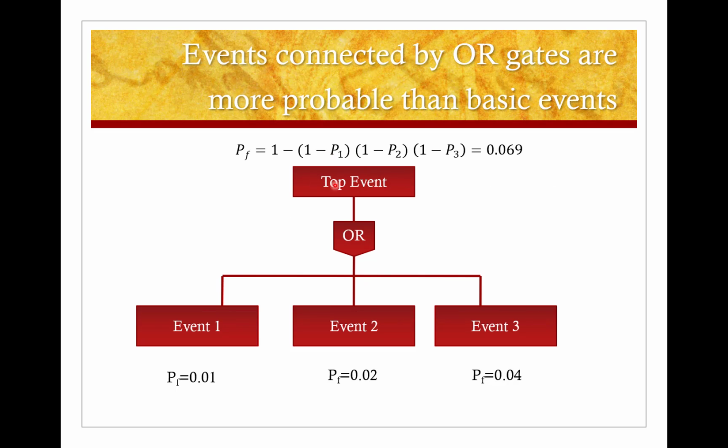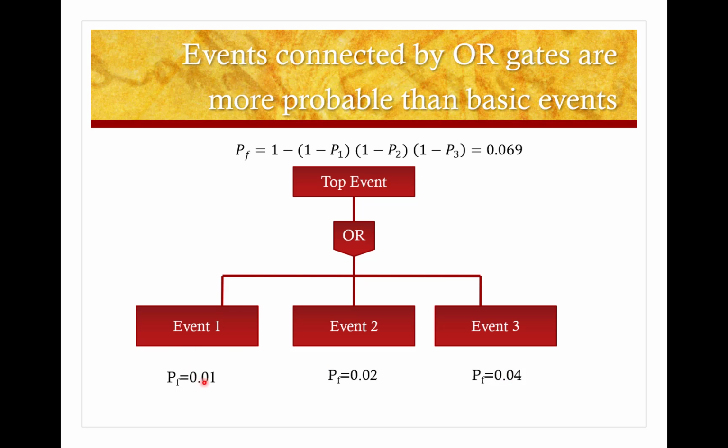If the top level event was connected by an OR gate, meaning that this thing would occur if event 1 occurred, or event 2, or event 3 occurred, and you propagate those probabilities up through the OR gate, it turns out that for events connected by OR gates, the top level event is going to have a greater probability than any of the individual event probabilities.